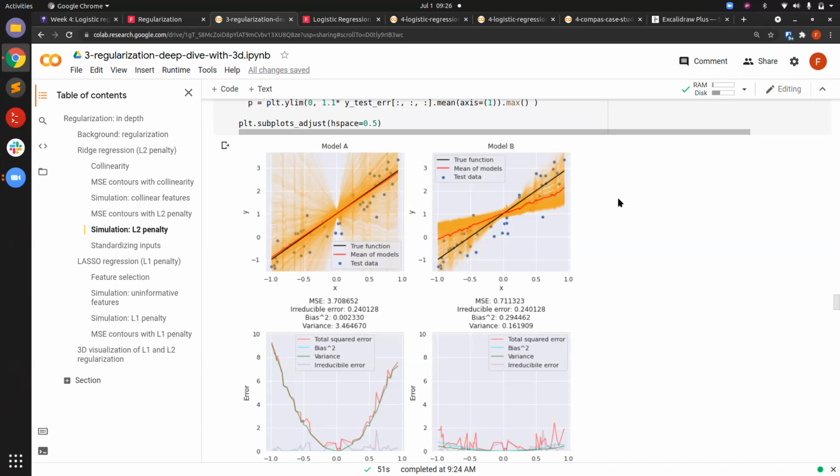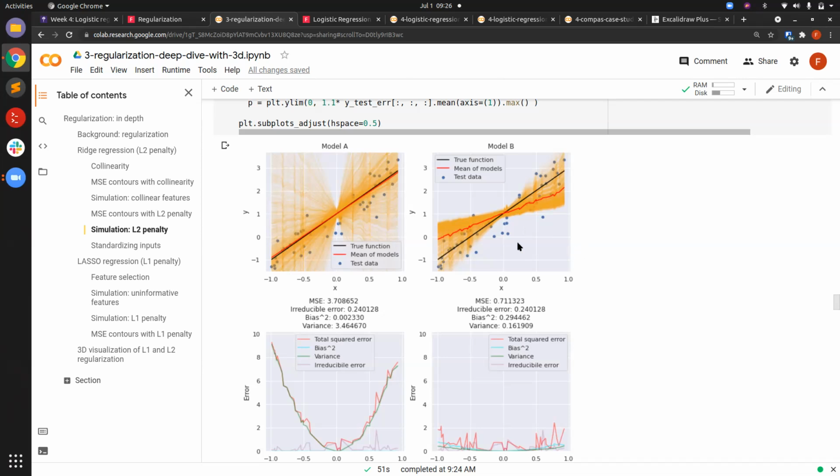Right? For model A, which has two collinear features with no regularization penalty, the optimization procedure might find any of a wide range of pairs of features. For model B, which has a regularization penalty, the optimization is going to look in a much smaller region.